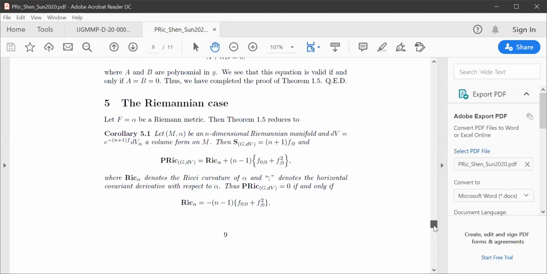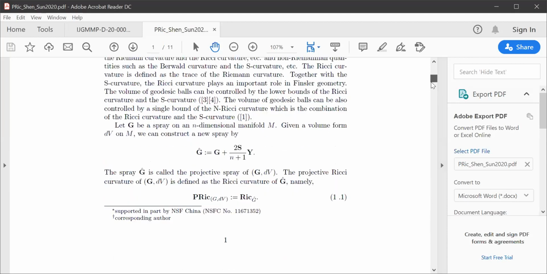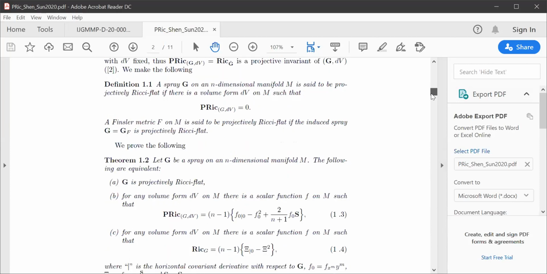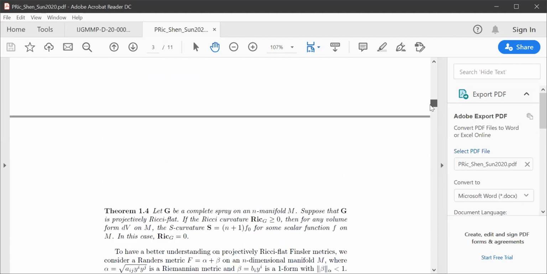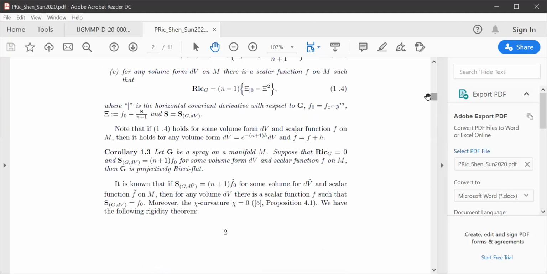So this is about Ricci-flat, and because of this equation you can prove some rigidity theorem. How can I check if the spray is already Ricci-flat? If the S curvature is the differential of some function for some volume, then it's true for any volume.